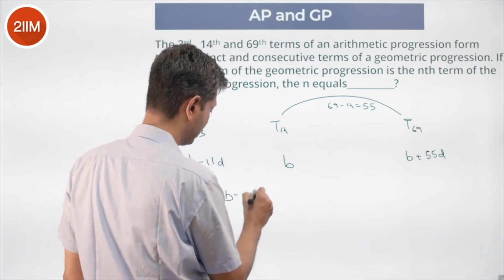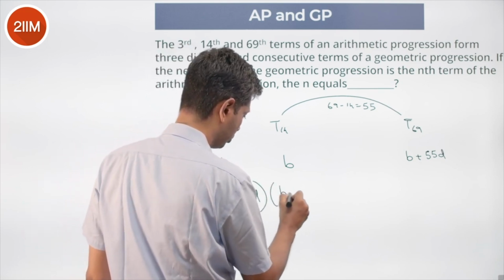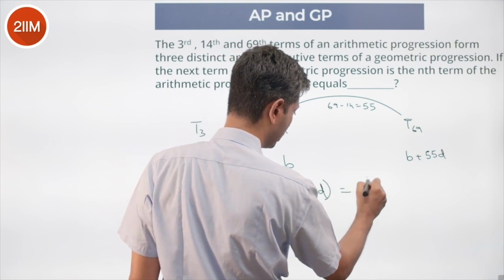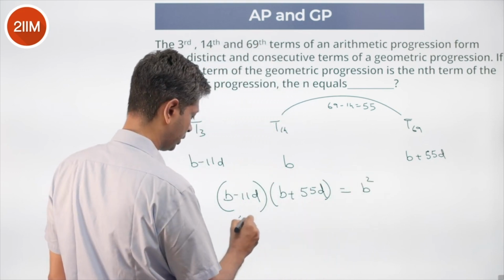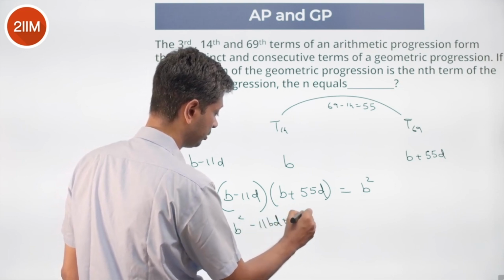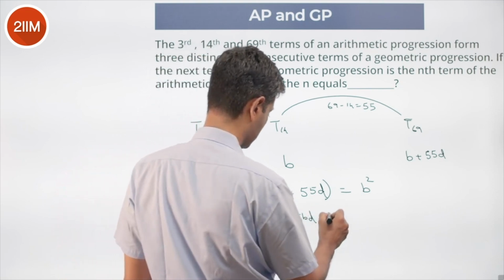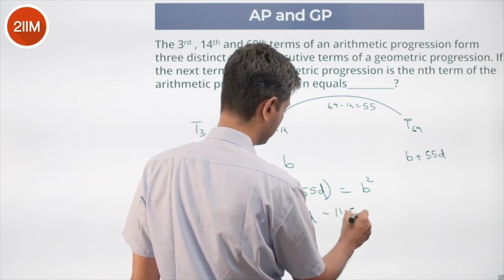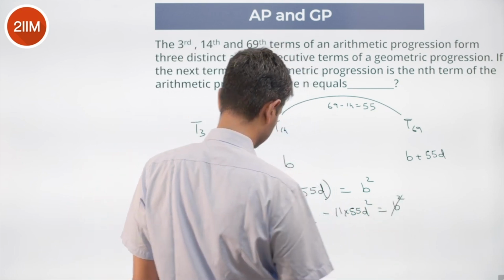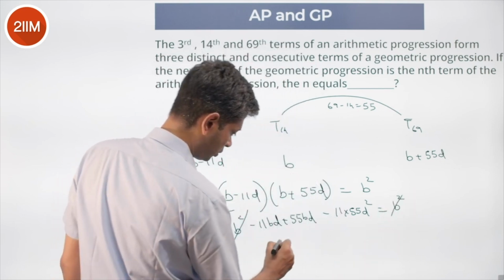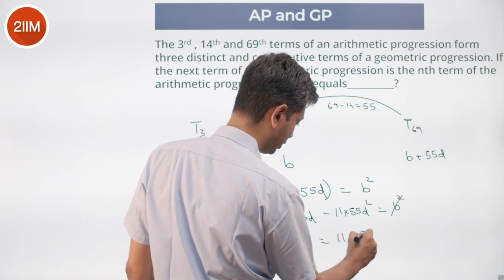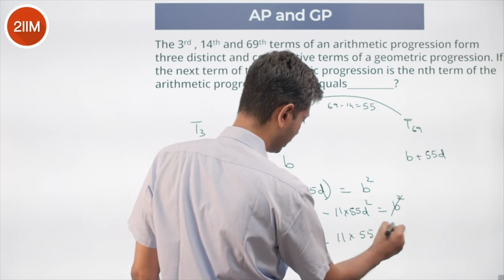B minus 11d into b plus 55d equal to b square. So b square minus 11bd plus 55bd minus 11 into 55d square equals b square. 44bd equals 11 into 55d square.